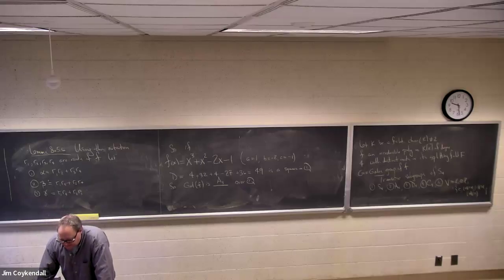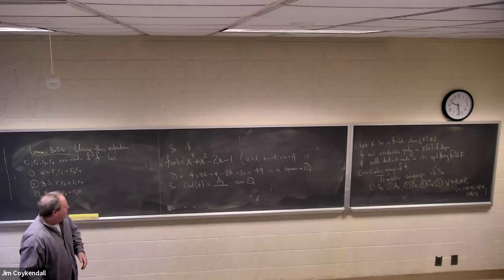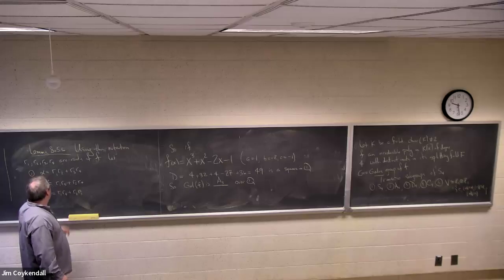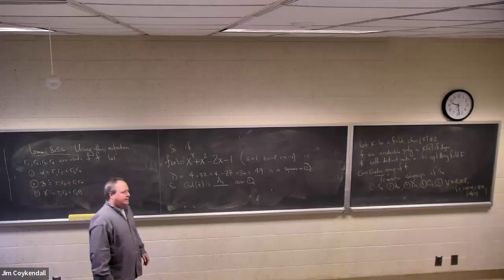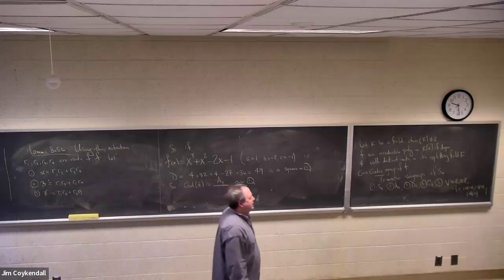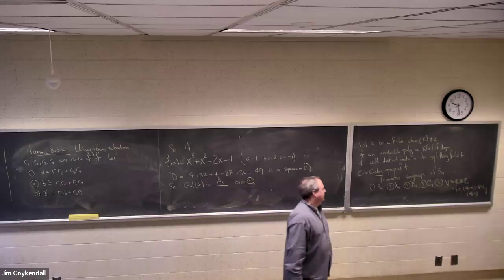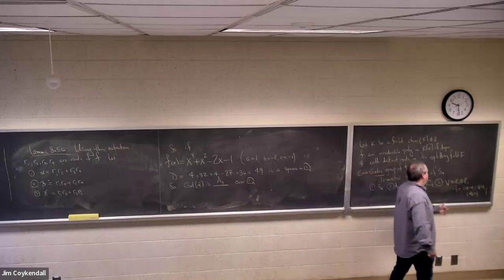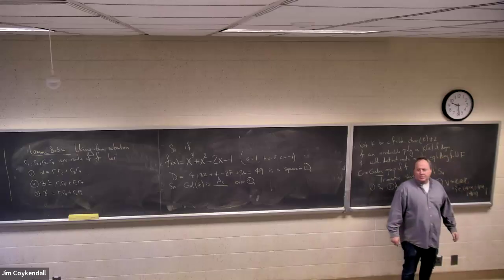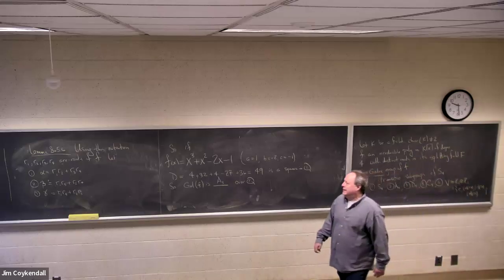Now, by the way, what happens when I apply the automorphisms from this group to alpha, beta, and gamma?